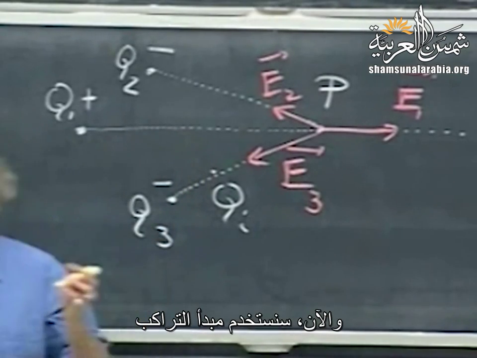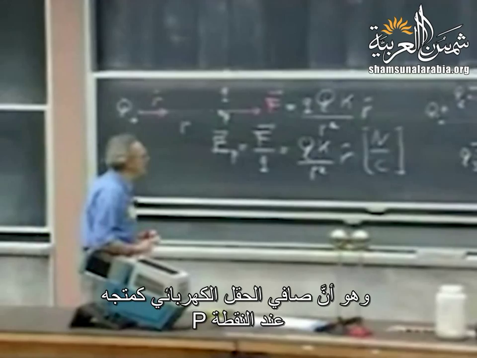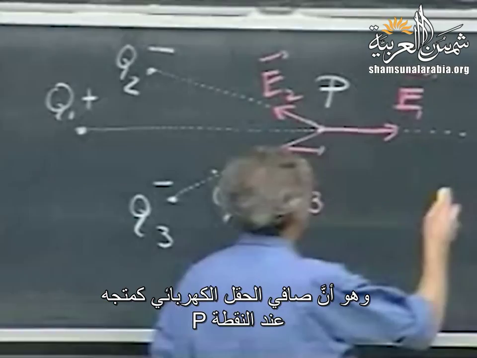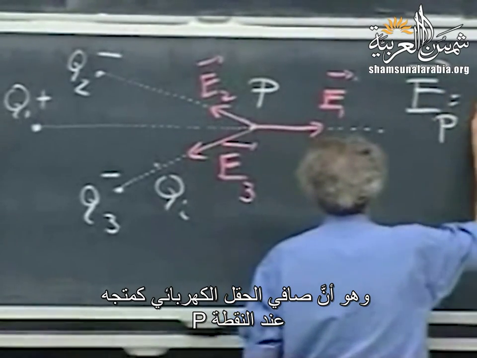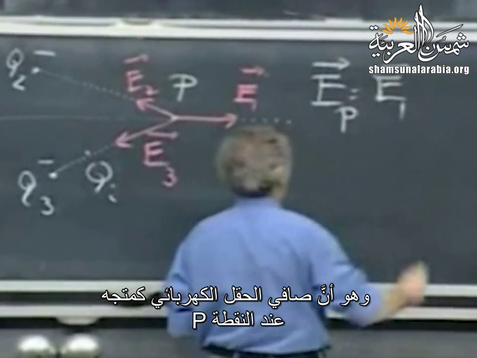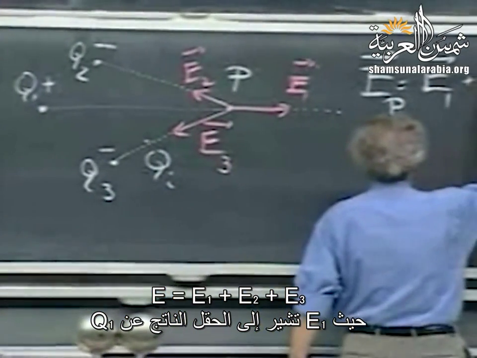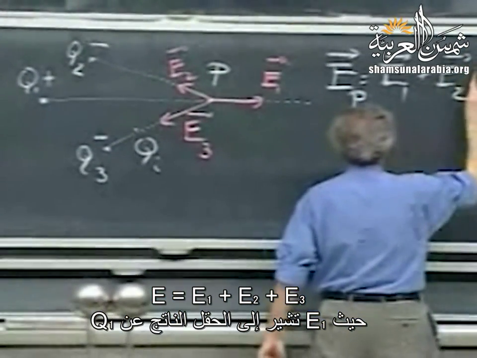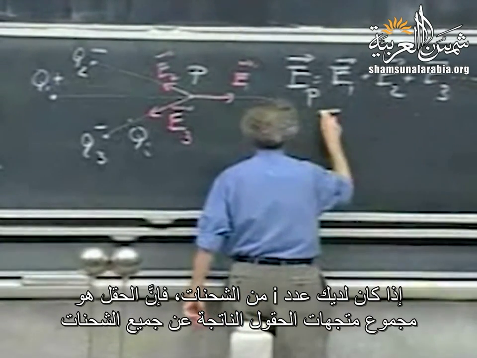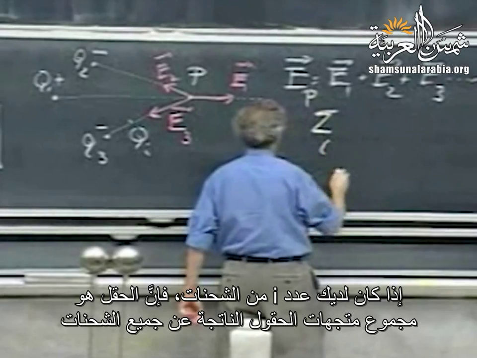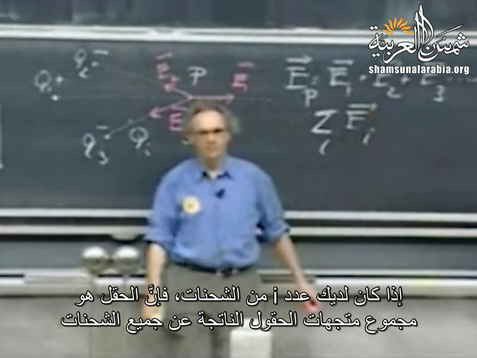And now we use the superposition principle, as we did last time with Coulomb's law, that the net electric field at point P, it's a vector, is E1, influence of charge Q1, plus the vector E2, plus E3, and so on. And if you have I charges, it is the sum over all I charges of the individual E vectors.